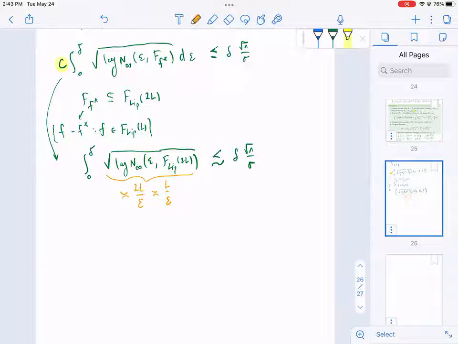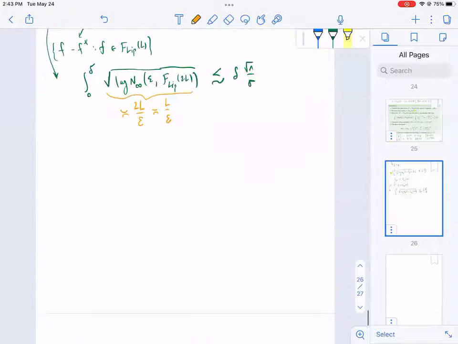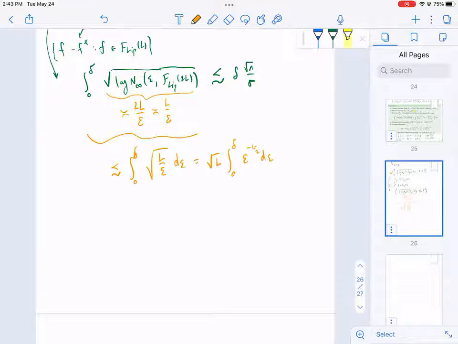So what we would do is we plug this in here, right? So you'd get that this integral is upper bounded, up to constant, by the integral from 0 to delta of root L epsilon to the minus 1/2 d epsilon. So what is this integral?